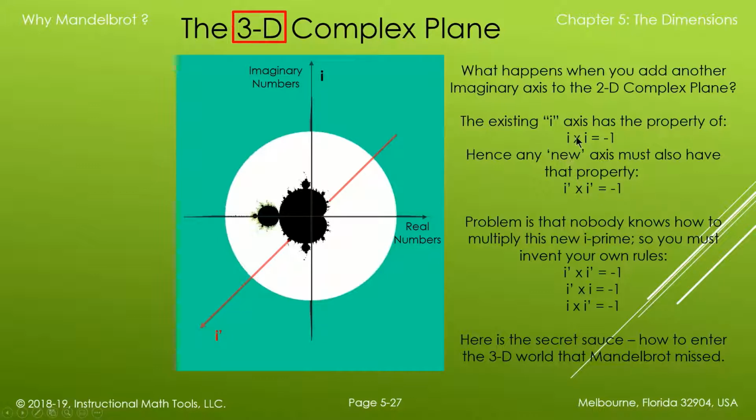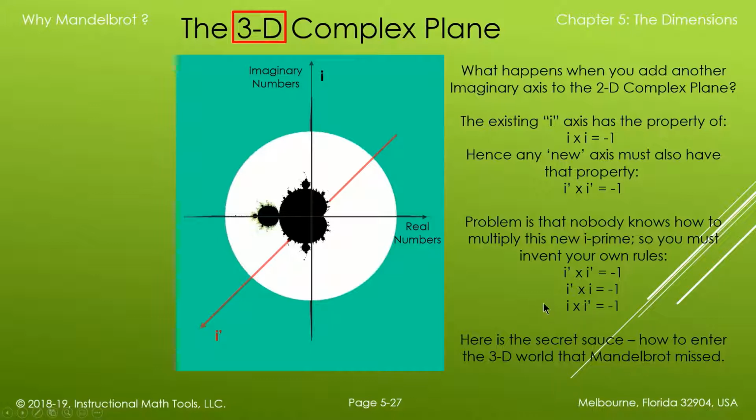We already know that I times I is -1, and one of the things I had to set up was that I prime times I prime is -1, which makes a lot of sense. Then I had to do some associated rules, like I prime times I is -1, and I times I prime is negative. There's nothing exciting about any of these new rules, but a computer program on its own would not know how to handle these. You have to teach it.